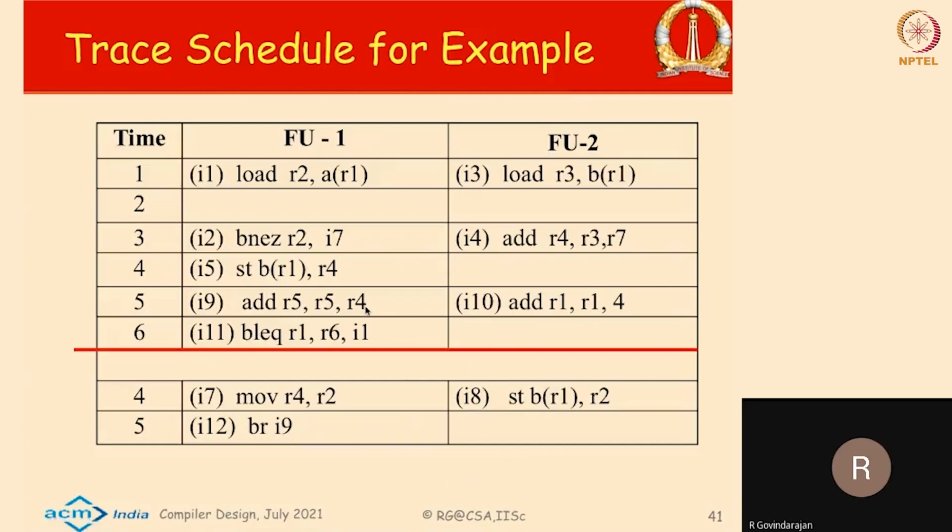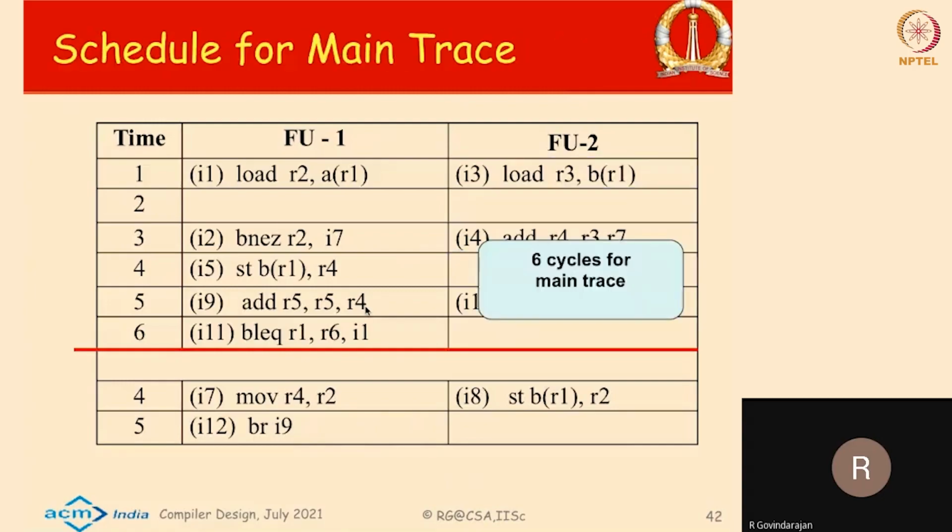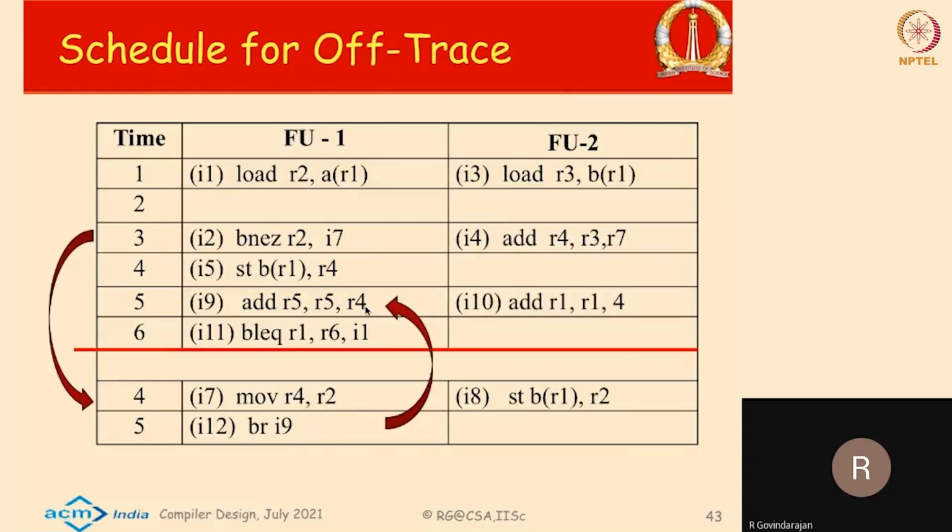So if you look at it, the then branch is going to take 6 cycles. There are some details here, but the then branch is going to take 6 cycles, whereas the else branch will take 7 cycles because you go through this particular control flow path. So what we have done is essentially gone from several cycles for executing the basic block scheduling to something which is much more improved.